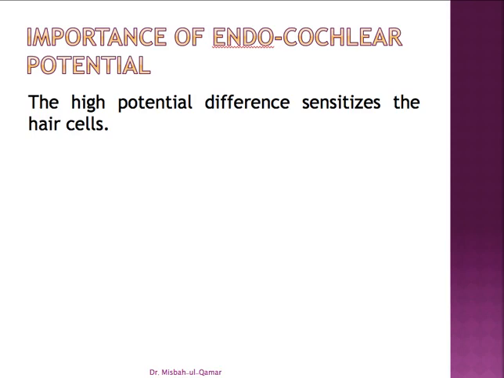And it also increases the response of the hair cells even to the slightest movement of the stereocilia. I hope you understand this concept of endocochlear potential and why it is important.